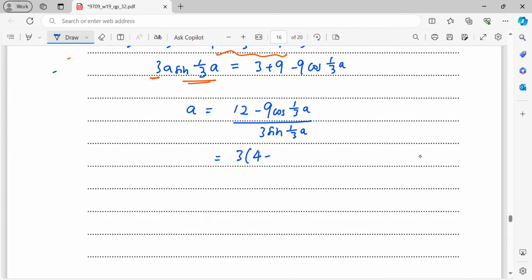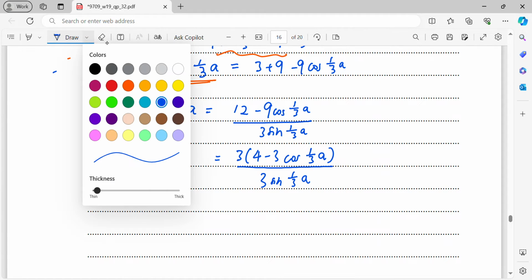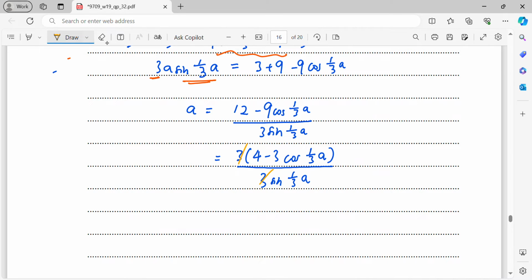So that means 4 minus 3 cos. So now the 3 will be cancelled off. Okay, therefore, this is 4 minus 3 cos 1 over 3a over sine 1 over 3a. So that's all for the solution.